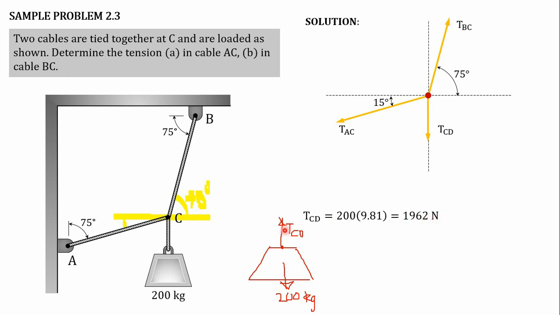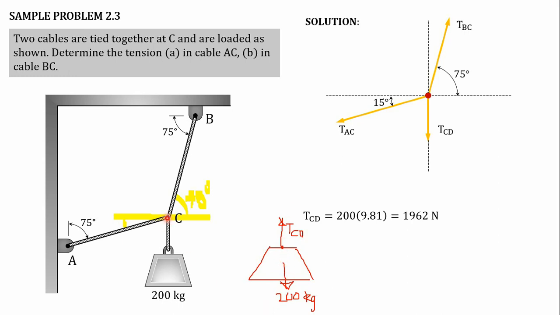Kapag nag-create ako ng free body diagram ng 200 kg, yung tension niya is going upward, because yung tension natin ng cable CD is resisting na yung 200 kg is going downward. So that is upward.